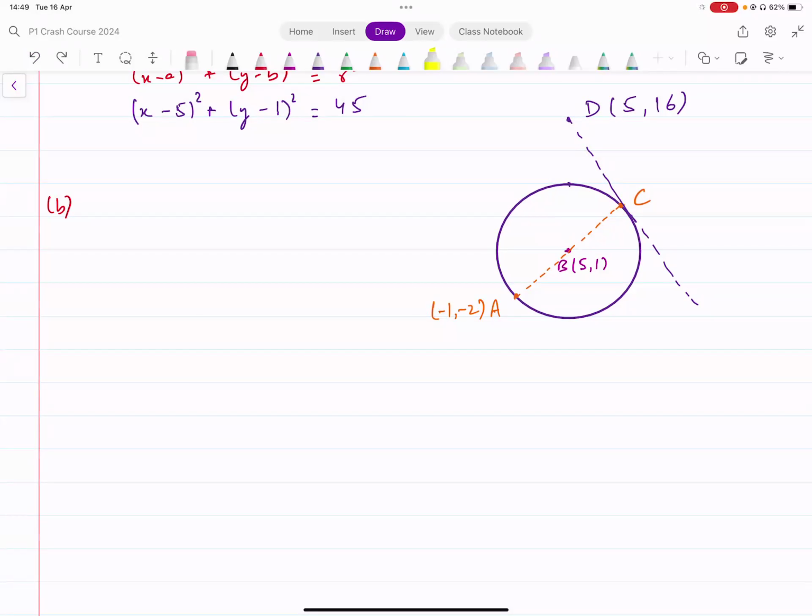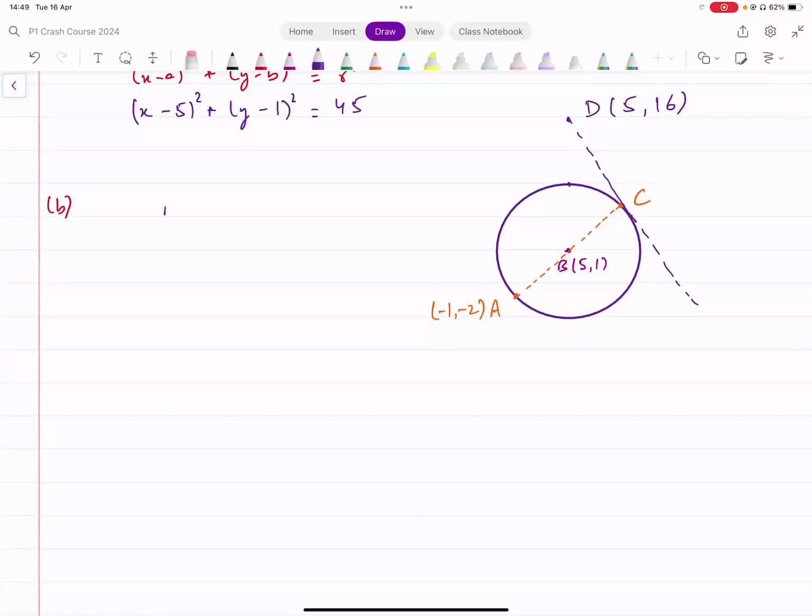However, since we know that AC is the diameter of the circle, B is supposed to be the midpoint of AC. So if we can find the point C somehow, using the same method that we used in the previous case, B is the midpoint.